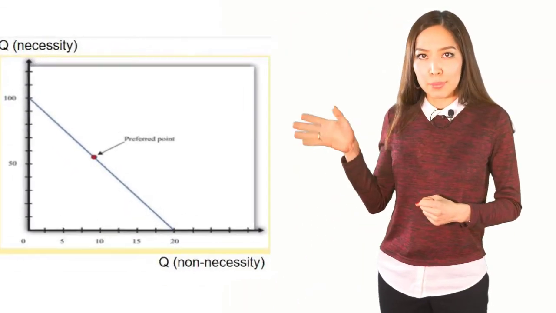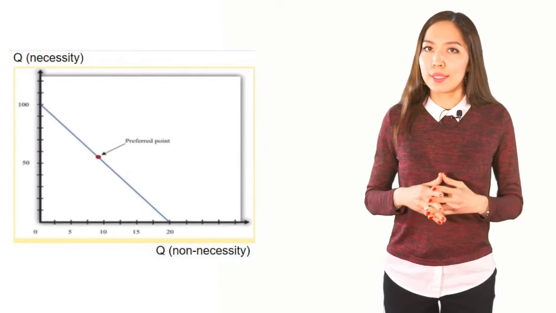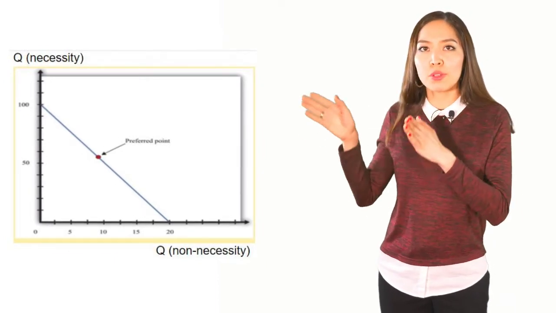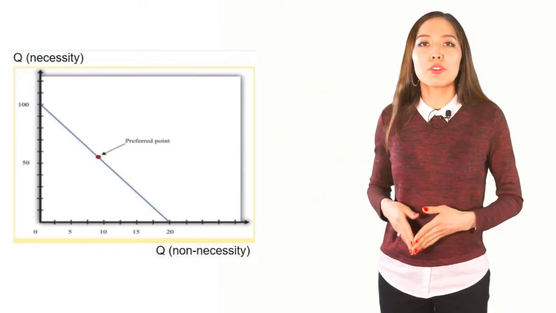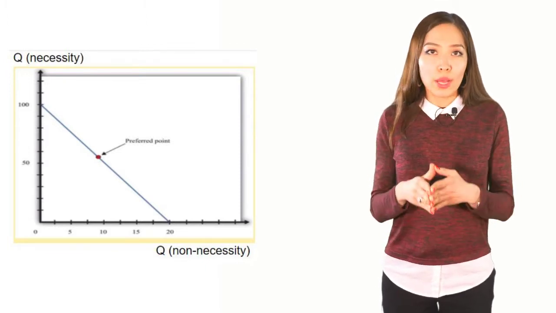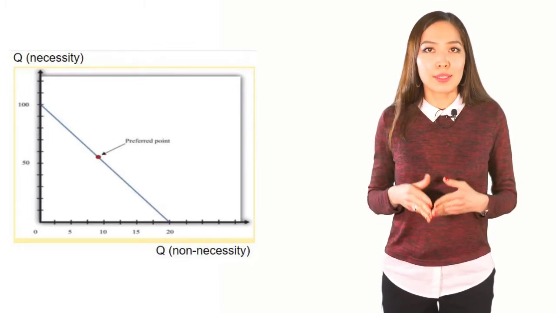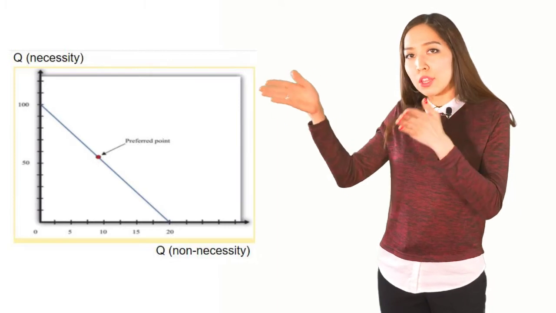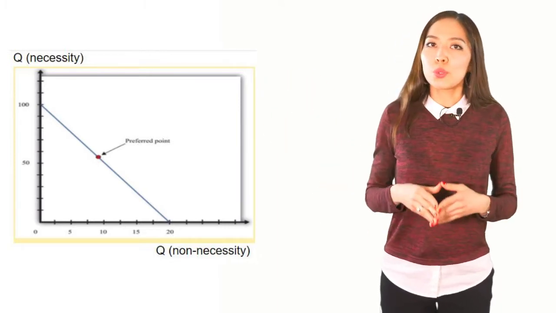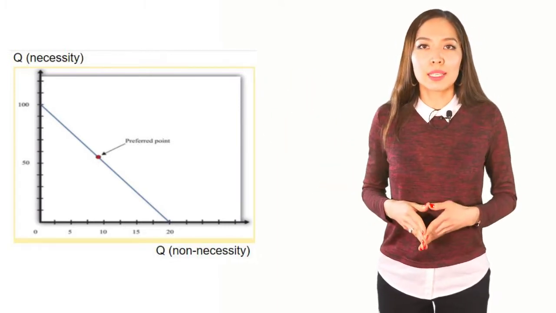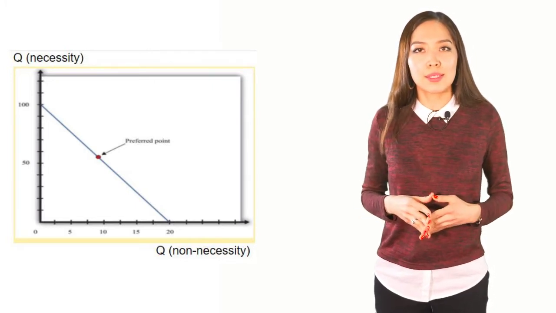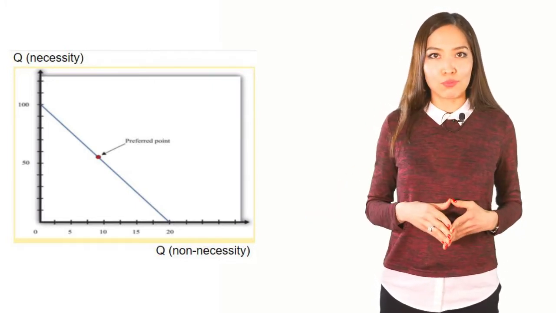We will describe his demand for non-necessity goods like that. Given prices and your income, you pick the best point on the budget line, as we did in previous video lectures. One way to explain this point is that it shows us how many non-necessity goods you will buy, given your income and given the price of necessity and non-necessity goods.